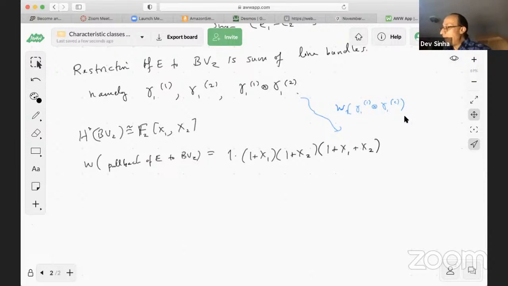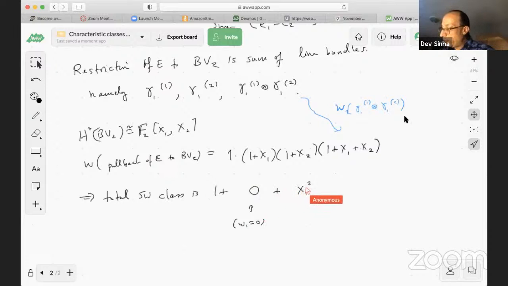And so you can expand this, and so that means the total Stiefel-Whitney class is 1 plus, there's cancellation when you look in the first degree, so that means that W1 is going to be 0.